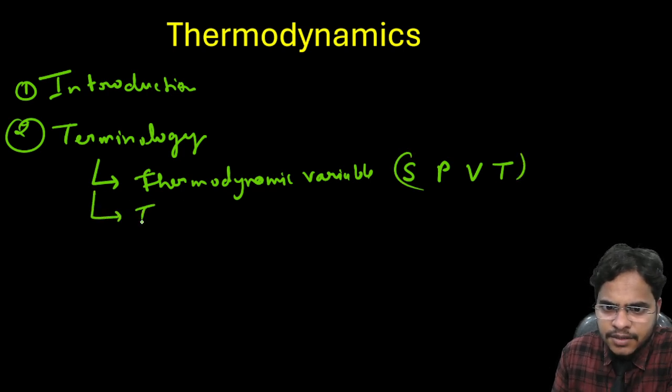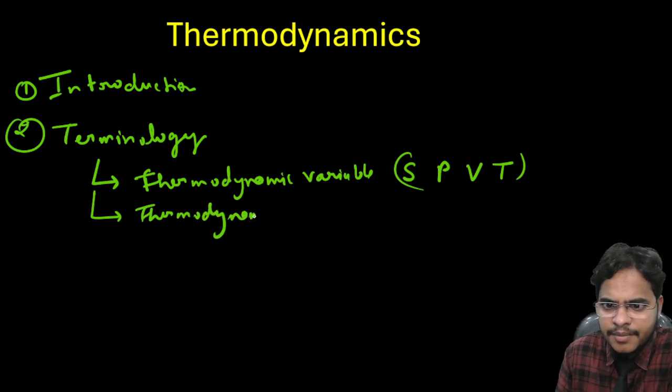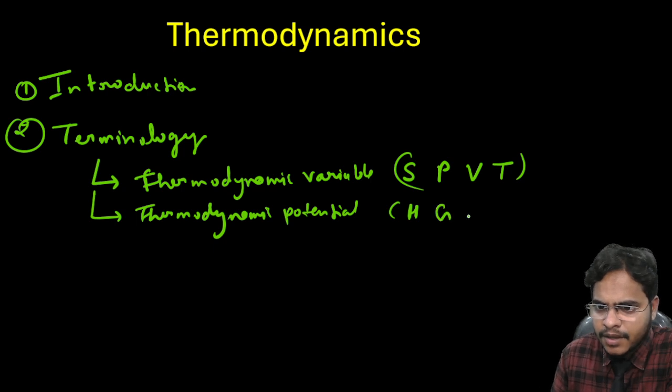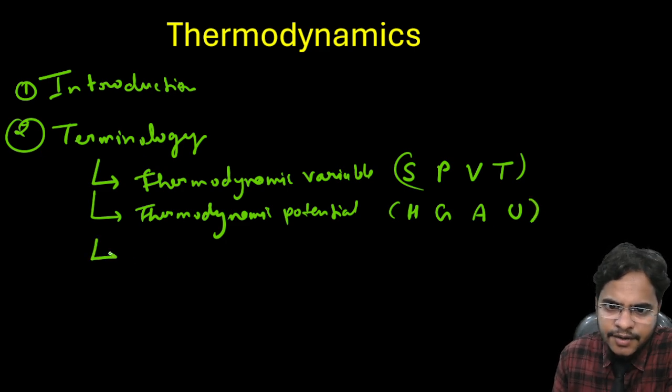Next, thermodynamic potential. Thermodynamic potential means we have enthalpy, Gibbs free energy, Helmholtz energy, internal energy, and we have another thing, the path function.